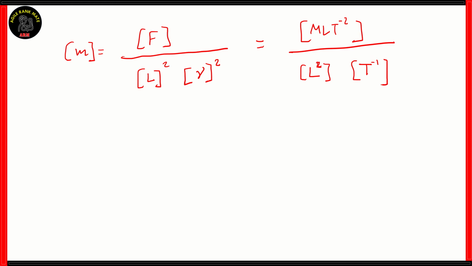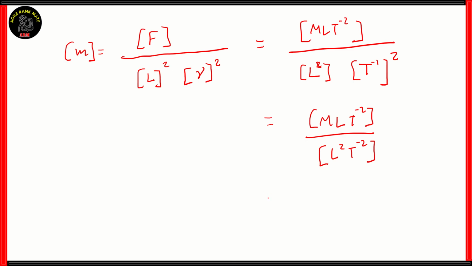There's no mass, there's no length, it's just time. Inverse of time is frequency, so therefore t to the power minus 1. But we're squaring the frequency in this equation. So we finally get m l t to the power minus 2 in the numerator, and in the denominator we have L squared t to the power minus 2.